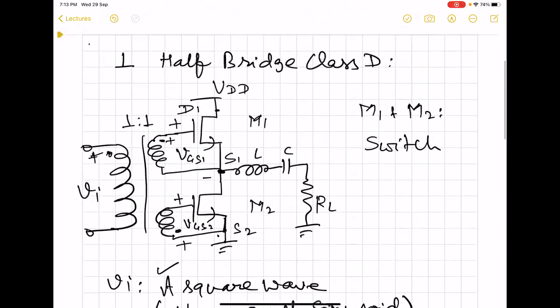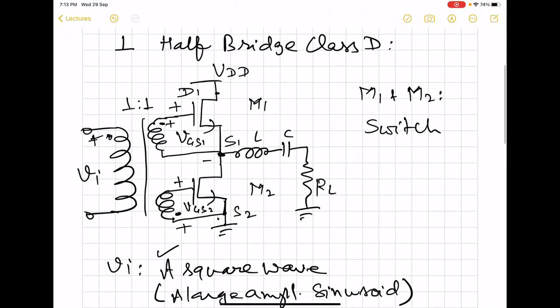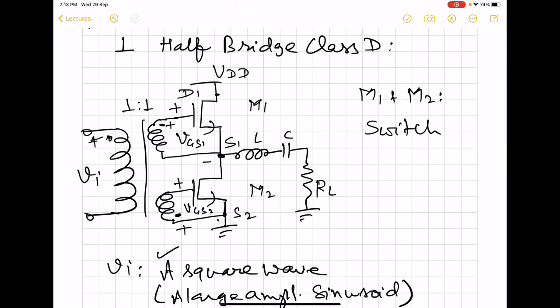So what happens when these switches turn on and off? Here you can see that this point, the source 1 node, when M1 is on, gets short circuited with D1. And in that case, it will be isolated from source 2, which is ground.